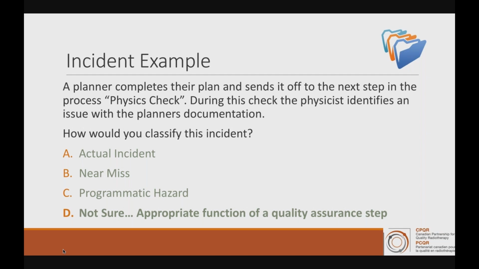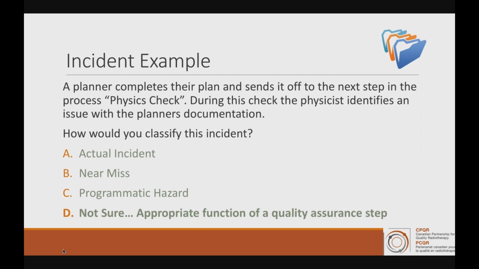So that's just showing that your QA program is working. A near miss would be if the documentation from the planner made it all the way up to the treatment floor and somebody doing an initial chart check caught that potential error, and it had missed the number of checks in between.